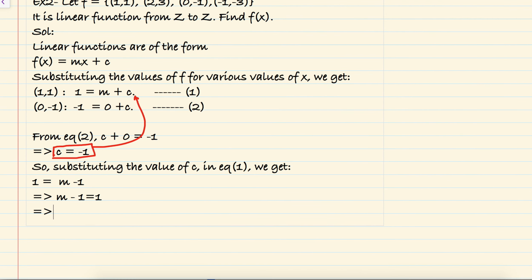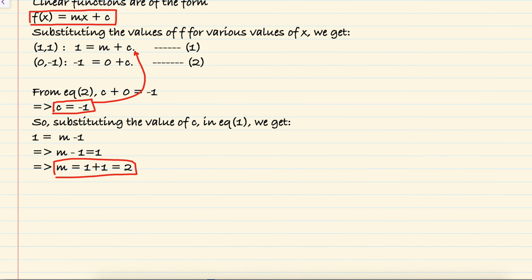We will move 1 to the other side. M is equal to 1 plus 1, which is 2. So we got the value of m also. So if we know the values of m and c, then we know the equation of this straight line or this linear function.